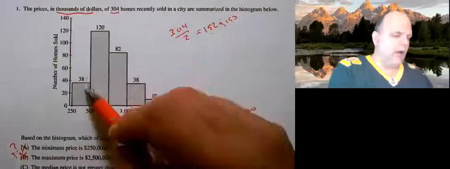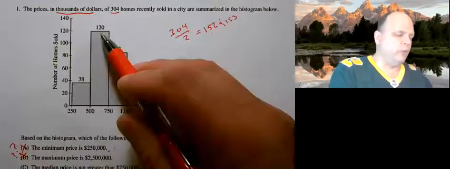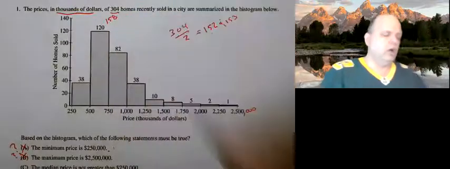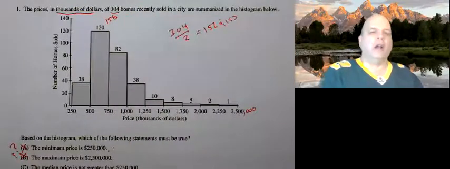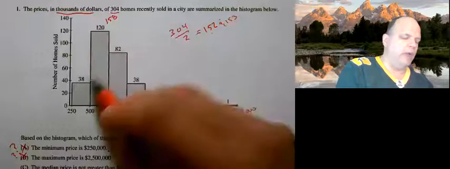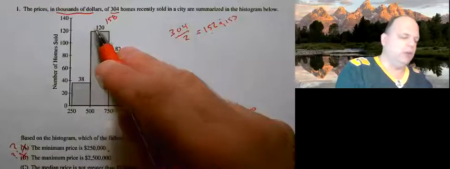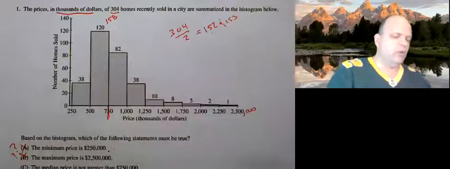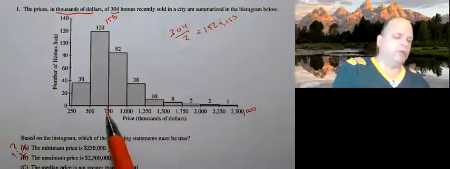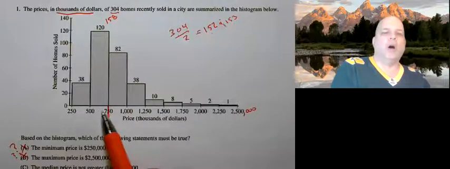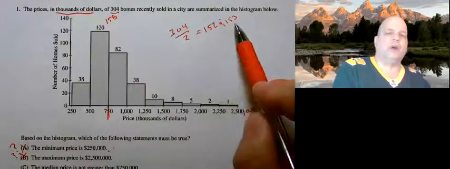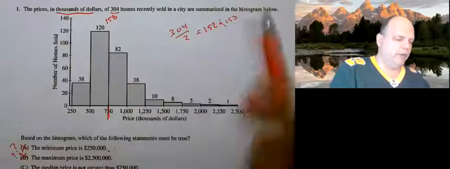Well, I have 38 here and I have 120 there. So that adds up to 158. All I did was take the 38 and add the 120 to it, and that sums up to 158. So 158 homes were below 750. That means the 152nd and 153rd are also below 750.